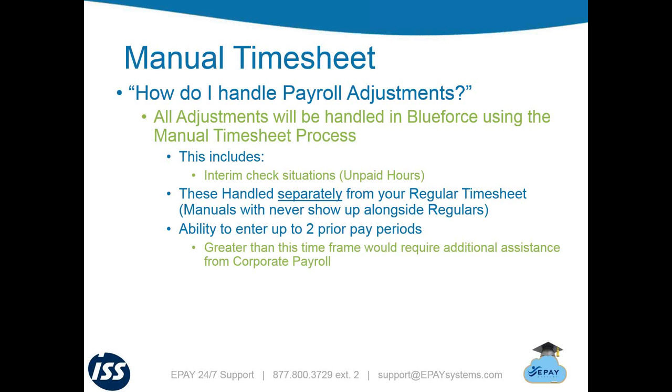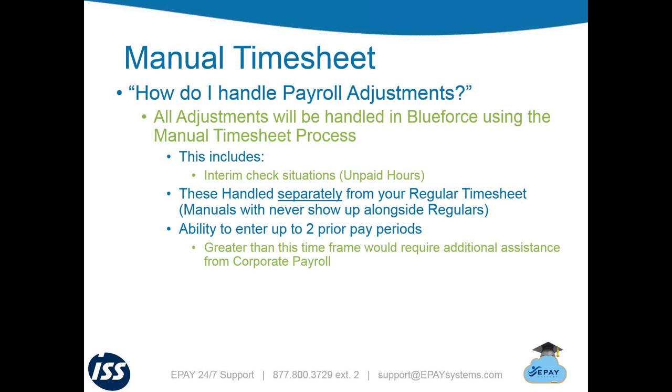So you're going to have a manual timesheet in its own little area, totally distinct from everything else in the system. And then once you go in there, you will have the ability as a Blueforce user, as a submitter or an approver, to go in there and enter your payroll adjustments in this manual timesheet for up to the last 2 prior pay periods.